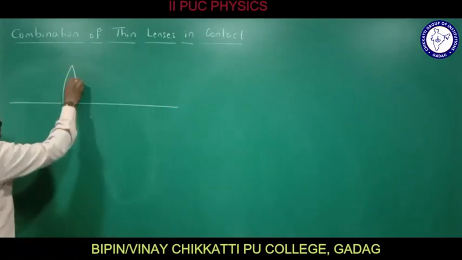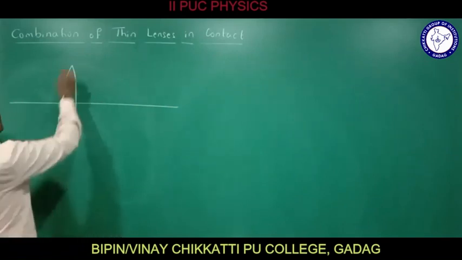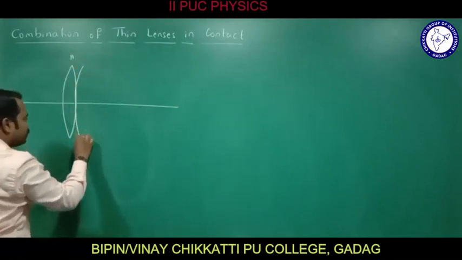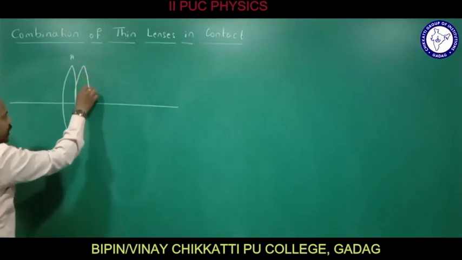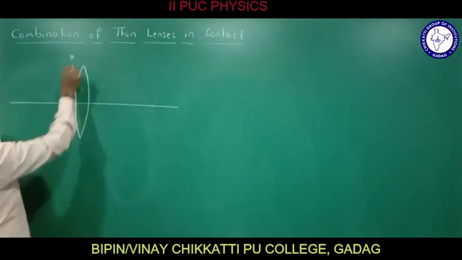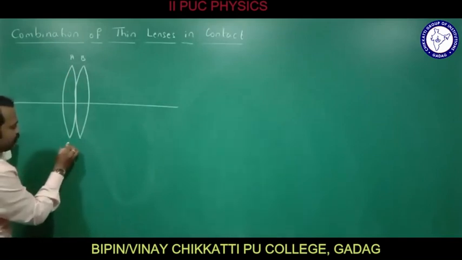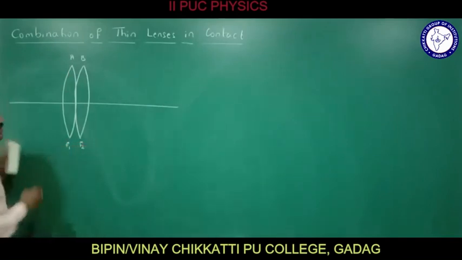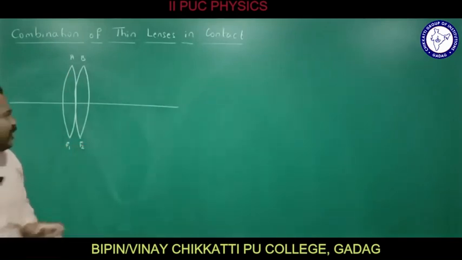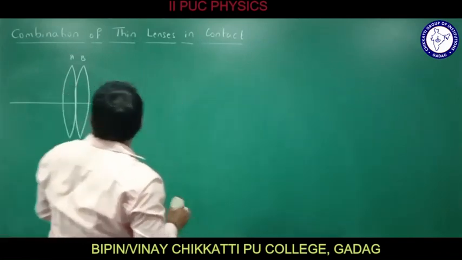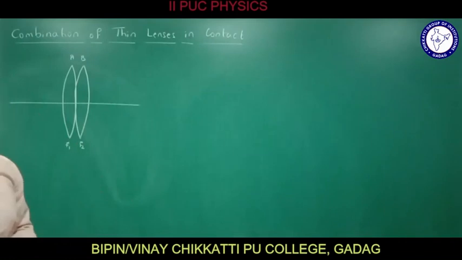This is the first lens, let me call this lens A, and there is another lens, and these two lenses are in contact with each other. So this is lens B. Its focal length is f1 and its focal length is f2, right? Now what happens when we combine these two thin lenses? Let us check it out.